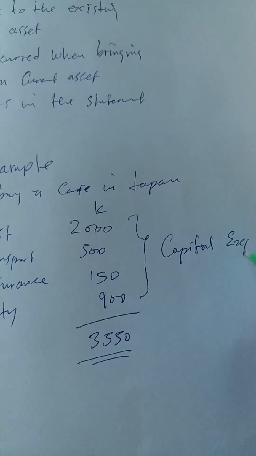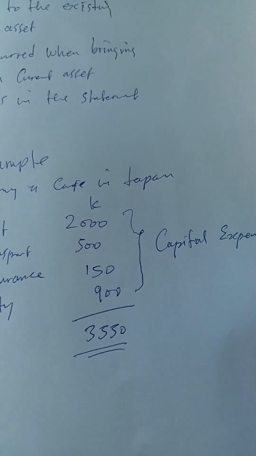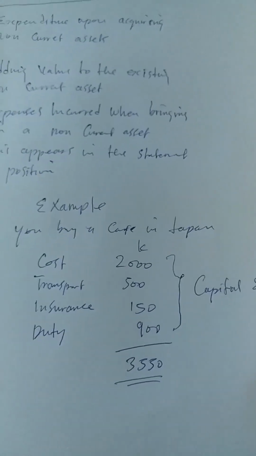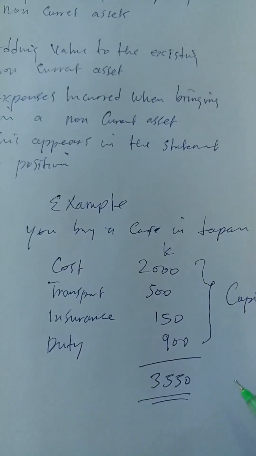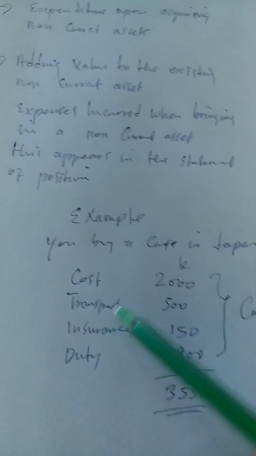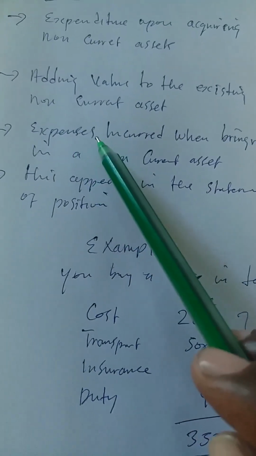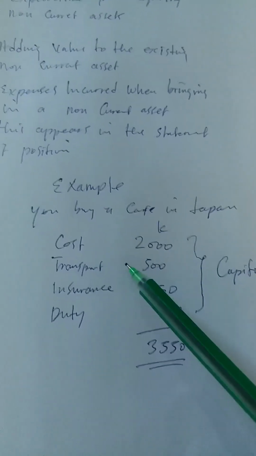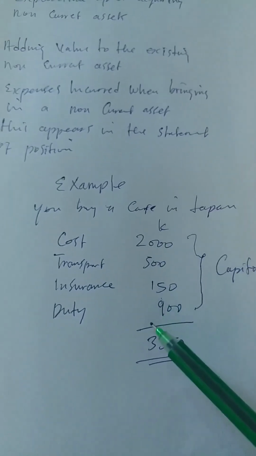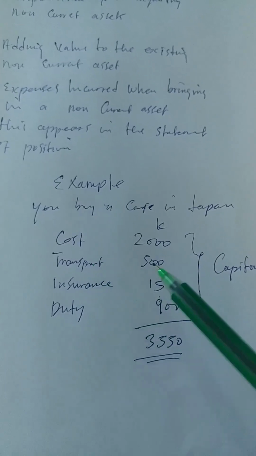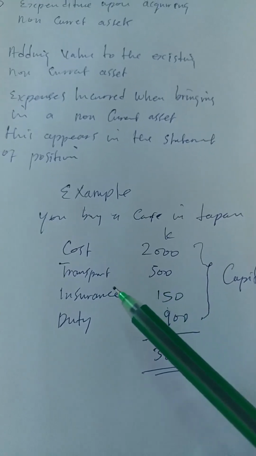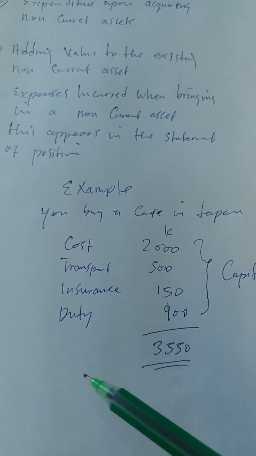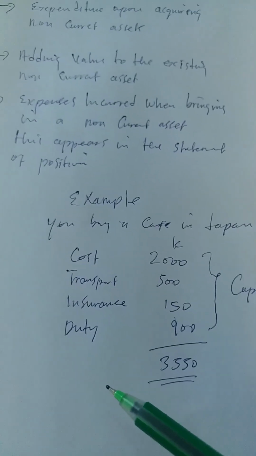Capital expenditure. Why? Because this is clarifying this statement: we are saying expenses incurred when bringing in a non-current asset. All these costs will be added to the cost of the non-current asset, just like I explained with assets which build themselves.